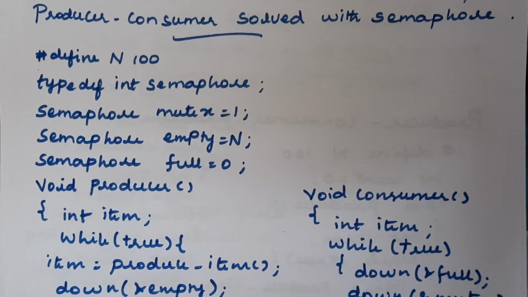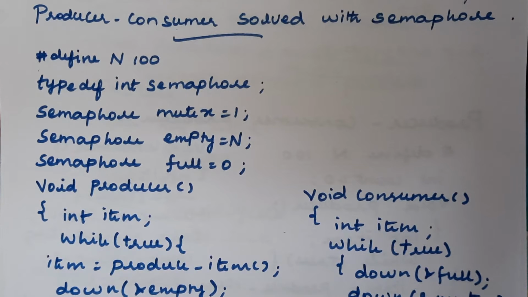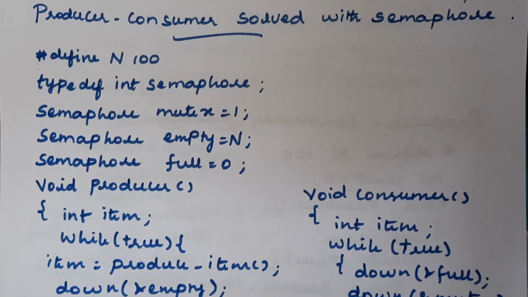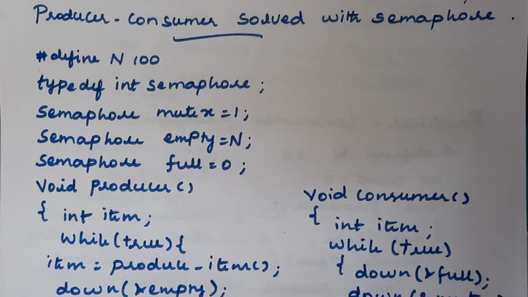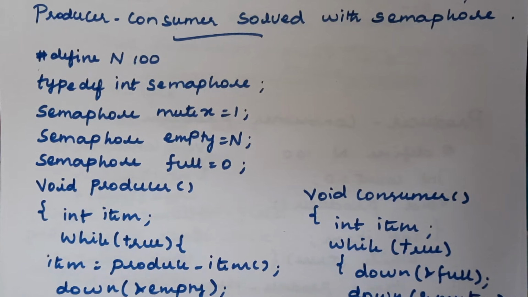Right now we are going to disable all the interrupts, which means we are going to perform all this execution indivisibly, which means atomic execution of all these instructions. For that we are going to disable the interrupts while implementing the operations on semaphore.